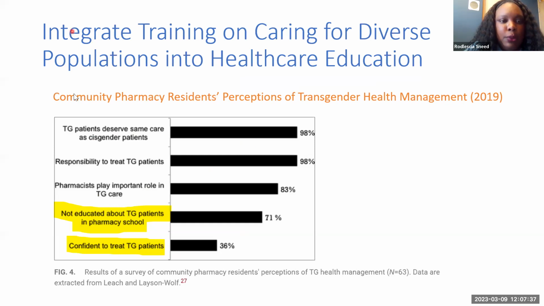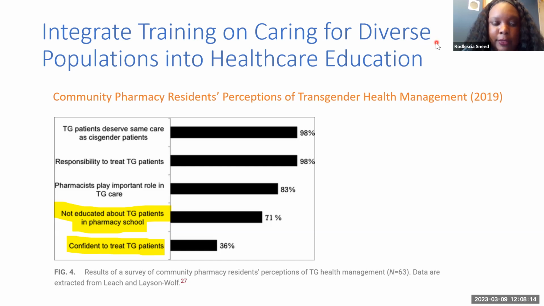Another thing that's really important with organizations is really thinking about training staff on how to care for diverse populations. This is a study that was conducted among community pharmacy residents to understand their perceptions of transgender health management. In this study, what they found is that pharmacy residents believed that transgender patients deserved good care, and they felt as though they had a responsibility to treat transgender patients, but they didn't feel as though they had much education about transgender patients in pharmacy school.